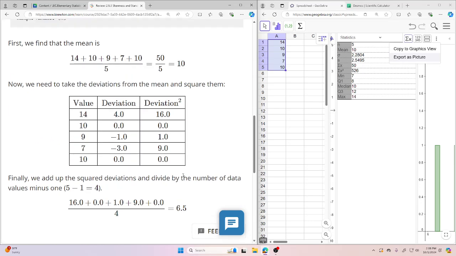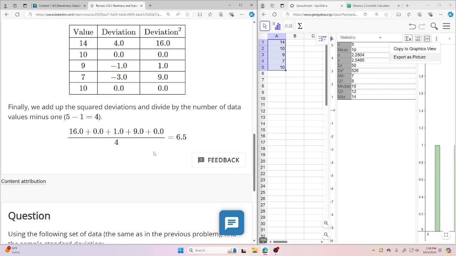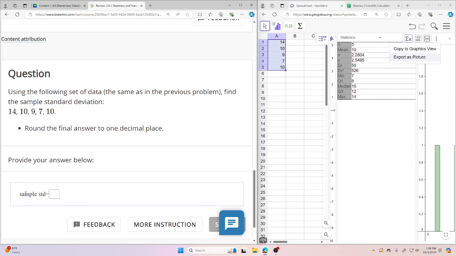Cool. And notice what they're wanting to do here. Look at all this. They say, do it by hand, do it by hand, do it by hand. Like, you know what I mean? We don't want that. Okay, look, sample standard deviation. Correct. That's right. And look, it's the same numbers.